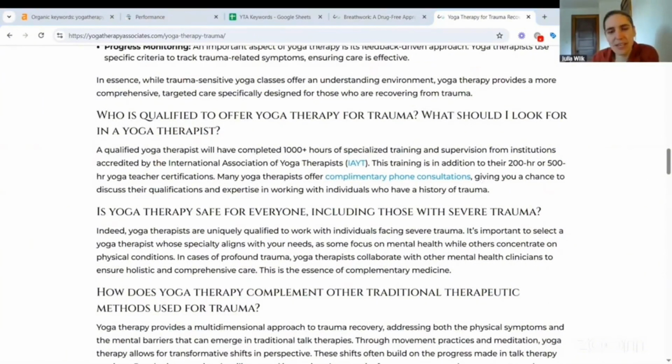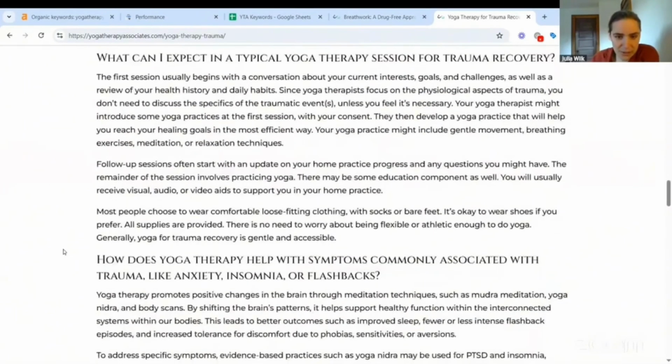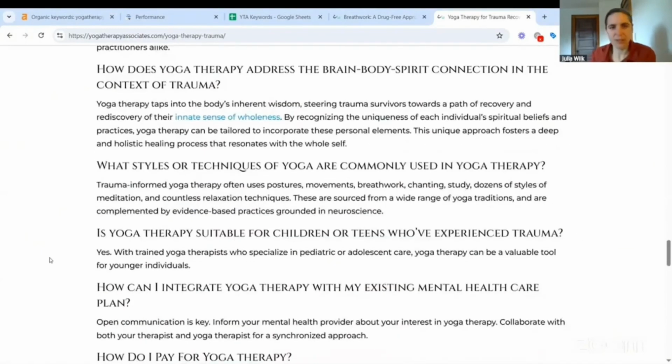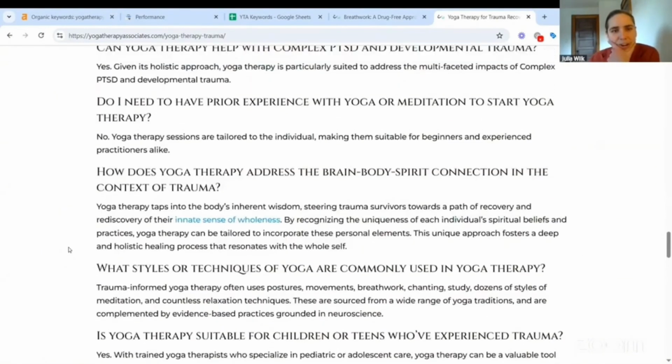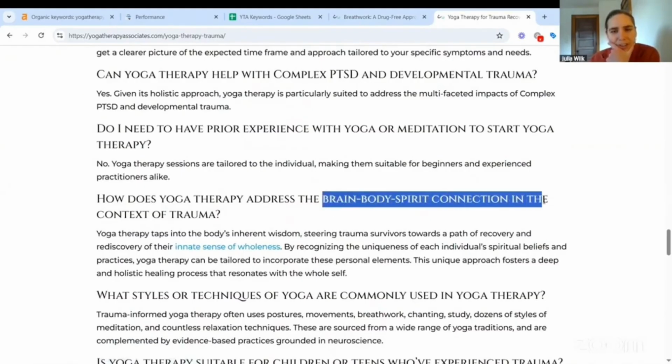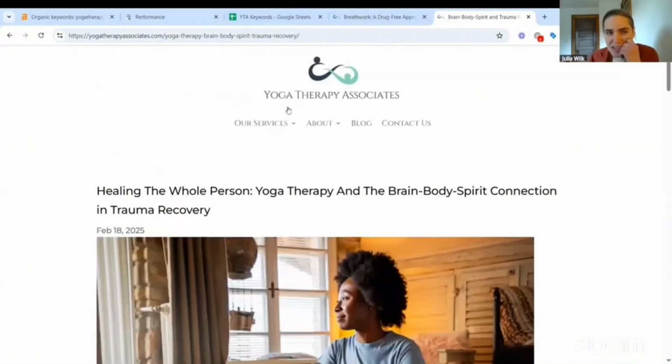But I was taking issue a little bit with the anchor text, particularly around the Brain, Body, Spirit article. That was the example I was pulling out. So, okay, brain, body, spirit connection in the context of trauma. And then we wanted to elaborate on this topic, and you did do that.